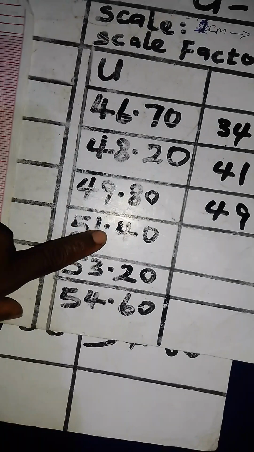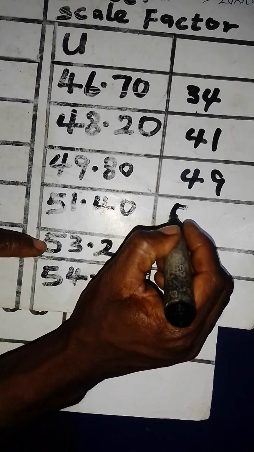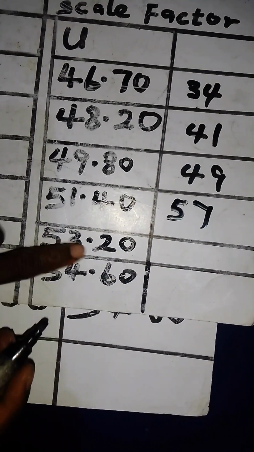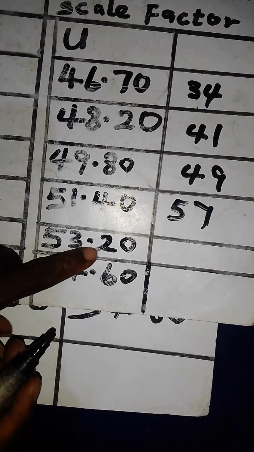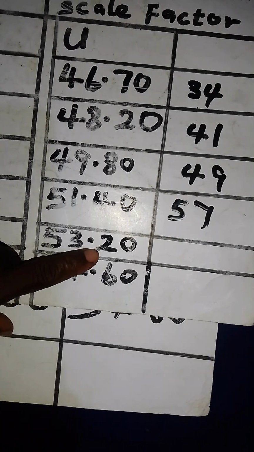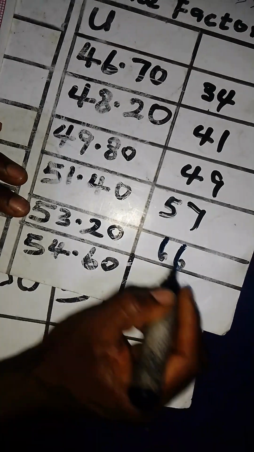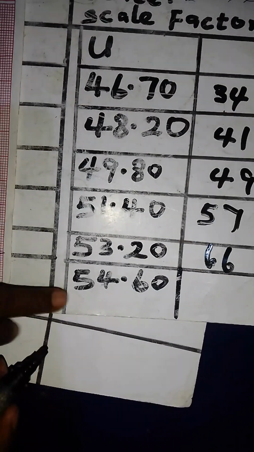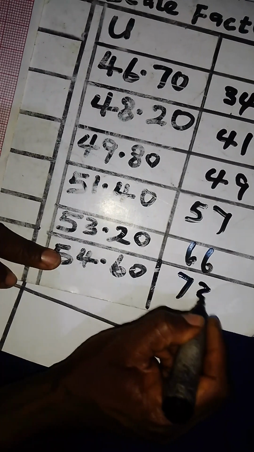Then 51.4 divided by 0.2 gives 57. Then 53.2, which is 13.2, divided by the scale factor gives us 66. If you do the same to the last one, you get 73 units.